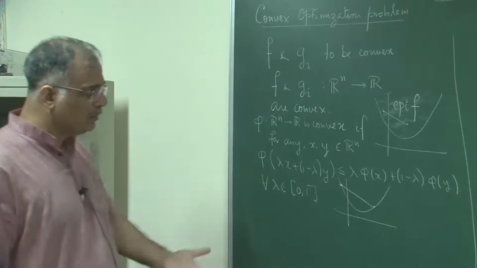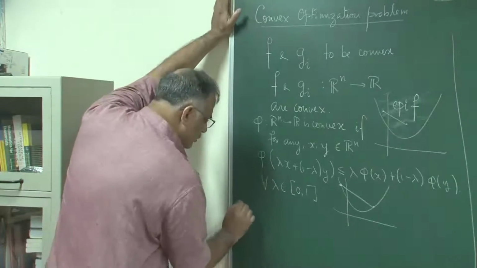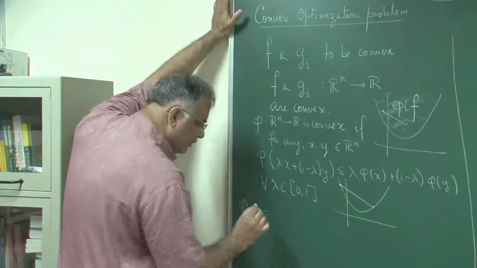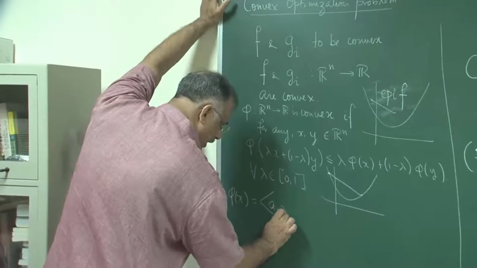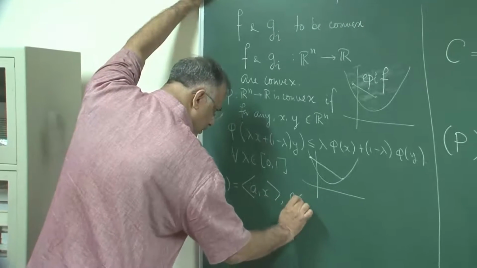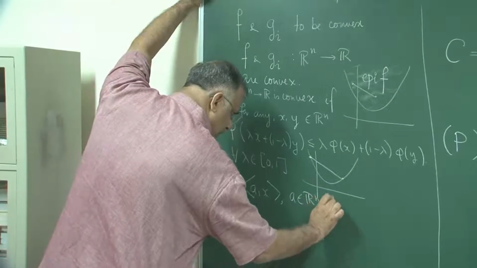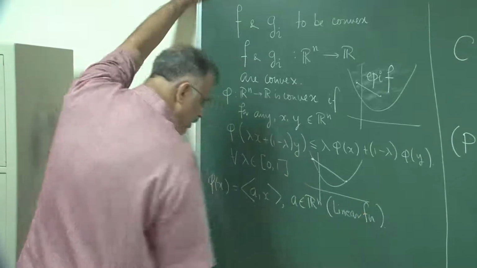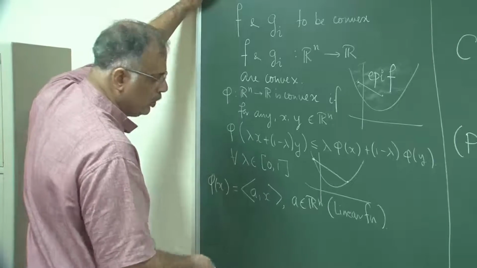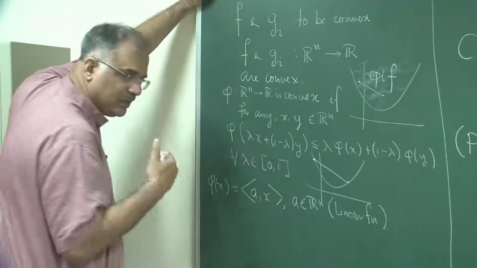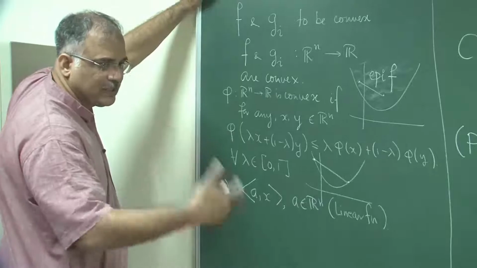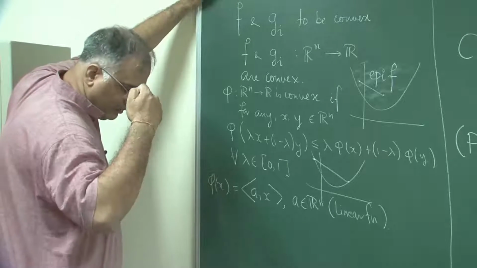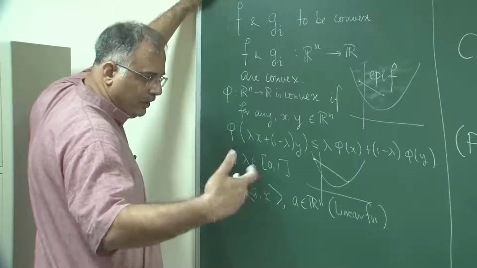Now, important examples of convex functions are phi of x is affine or linear, say a transpose x, where a is given in R^n. So this is called a linear function. I am sure most people would know that a function f is linear if f of x1 plus x2 is equal to f of x1 plus f of x2 and f of alpha x is alpha times f of x for any alpha.